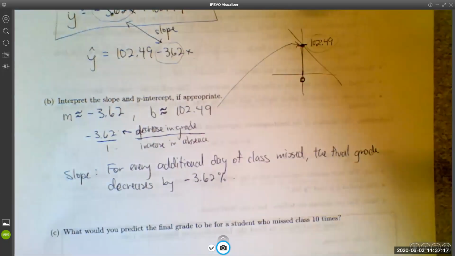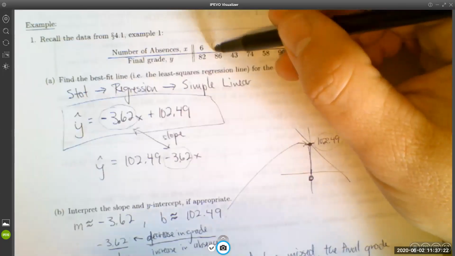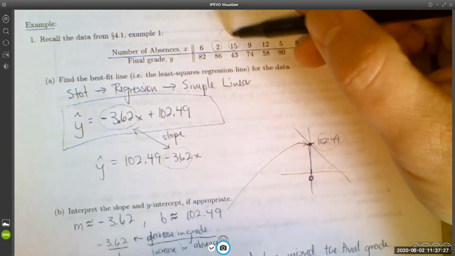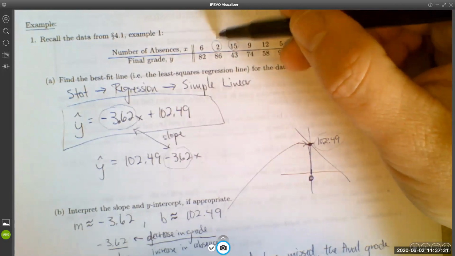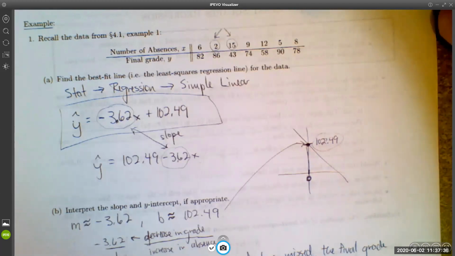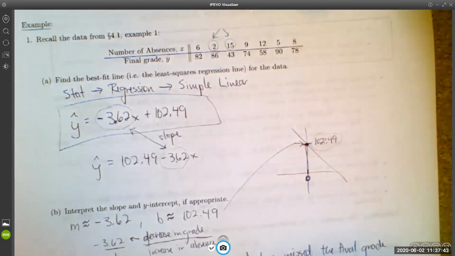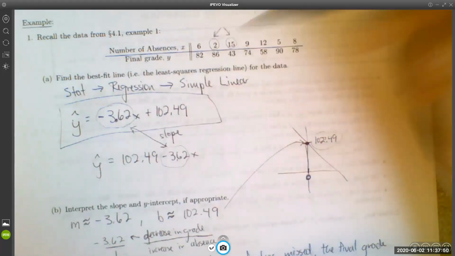The reason that it's inappropriate is because you'll notice that in your original data, the smallest observation was 2 and the largest observation was 15. So those are our restraints. We're really not justified to make any predictions that fall outside of that range. We can't really predict the final grade of a student who missed class less than 2 times or more than 15 times, because our model is not based on information that includes values outside of that range.